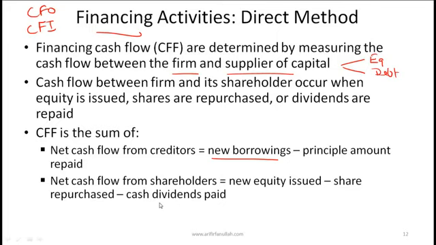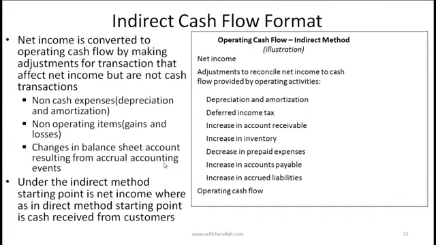Alright, so let's take a slight breather here. What we have done so far is talked about the direct cash flow statement. So we talked about the CFO in the context of the direct cash flow statement, then we talked about CFI, and we just finished talking about CFF. Now that we are talking about the indirect cash flow statement, the only difference is that CFO is calculated differently.